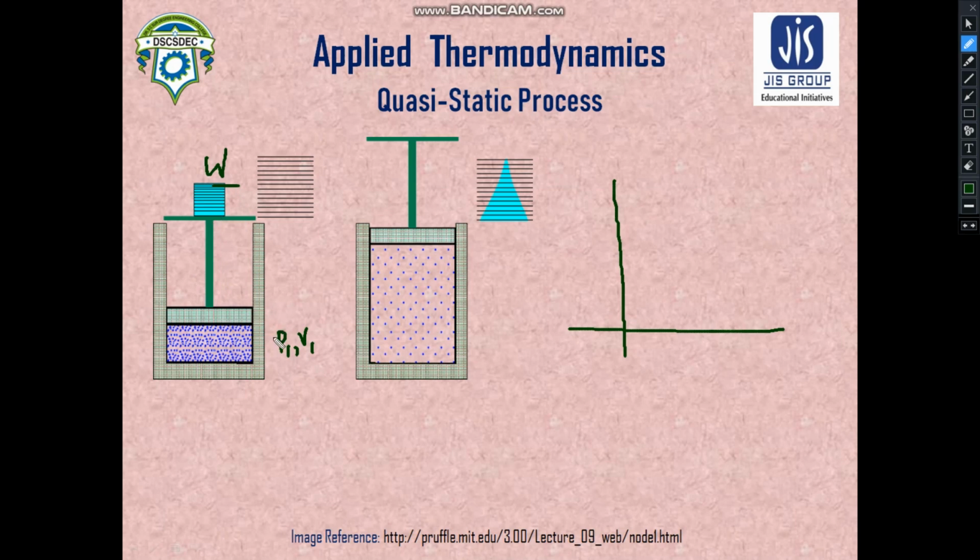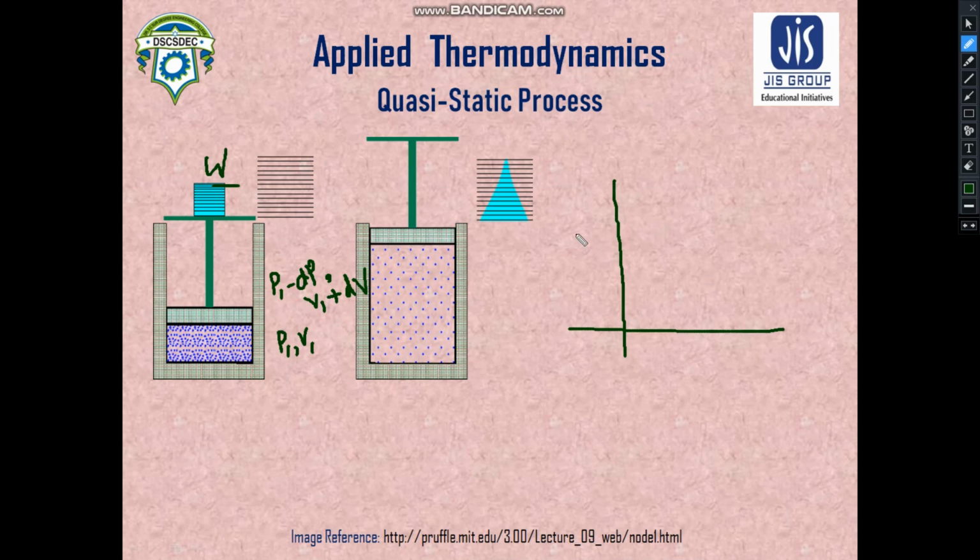That means there is an expansion going on, so the volume should increase and the pressure should decrease. We have to remember that these changes are very small, infinitesimal changes. So pressure decreases by an infinitesimal amount dP, and the volume increases by an infinitesimal amount dV.